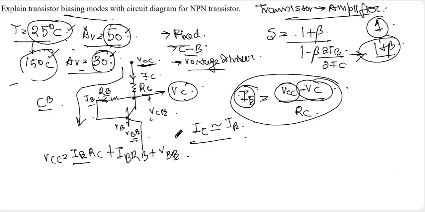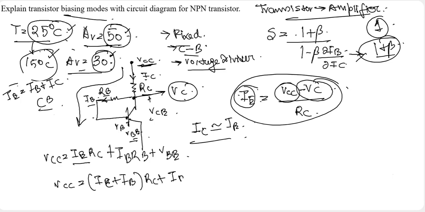As we know, the emitter current is equal to base current plus collector current. So VCC is equal to IC plus IB into RC plus IB into RB plus VBE.